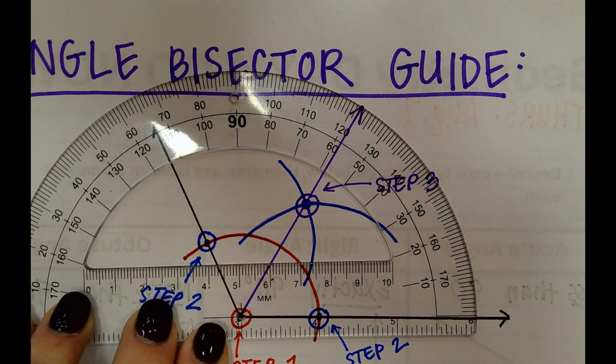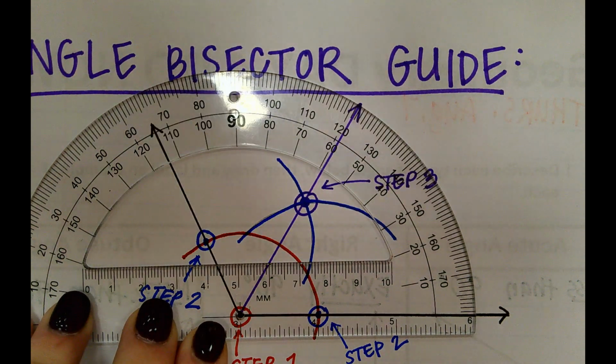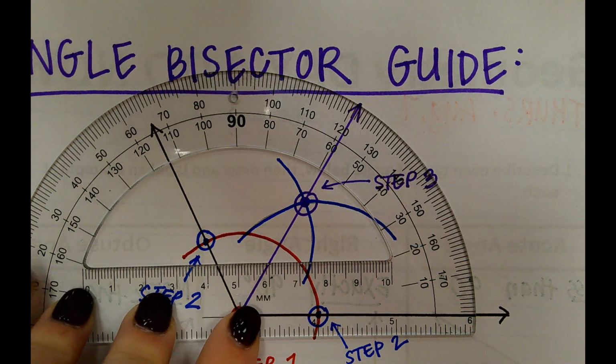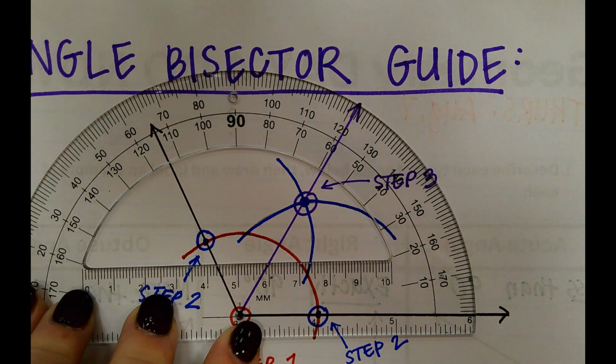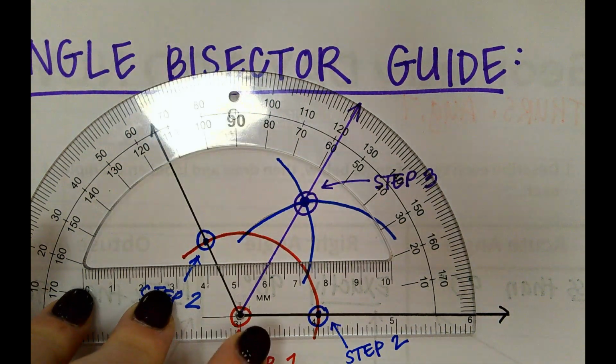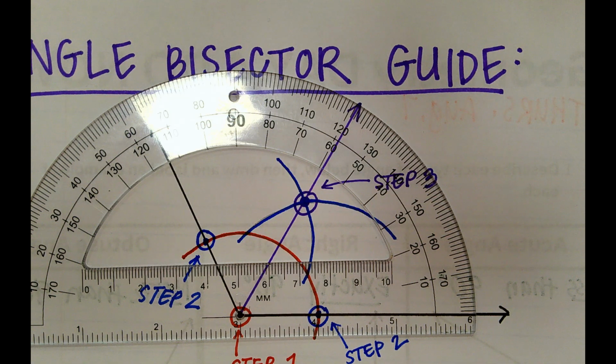Okay, if you had to guess about how many degrees my whole angle is, does it look closer to 120 degrees or closer to 110 degrees? 110, it does. So I would say that's probably like 113, 114. So it's exactly 114. I bet you're right.